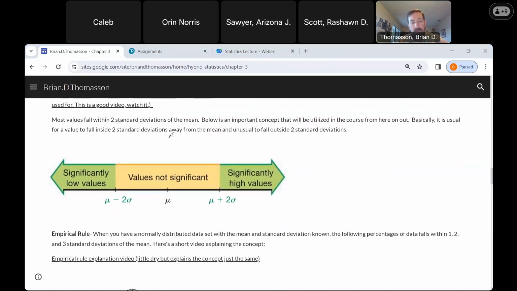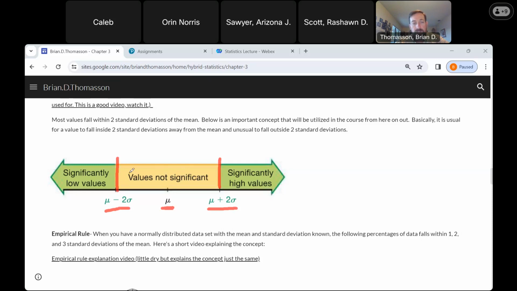We have our population mean right down the center. If we add 2 standard deviations to the mean and subtract 2 standard deviations from the mean, that gives us the range of this yellow region.